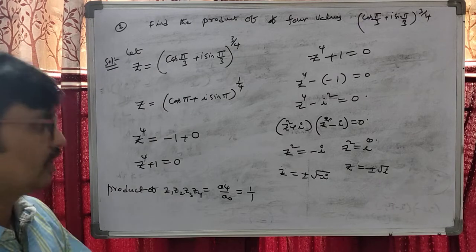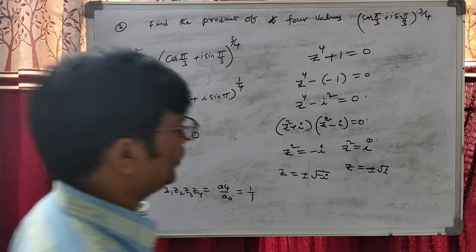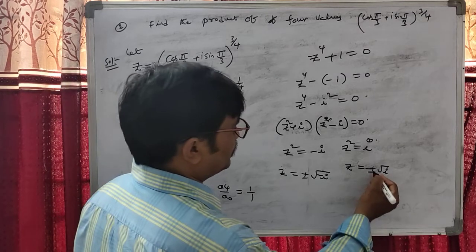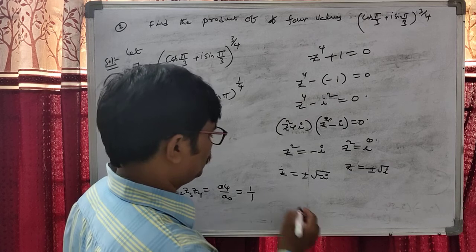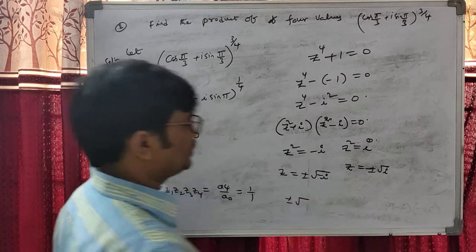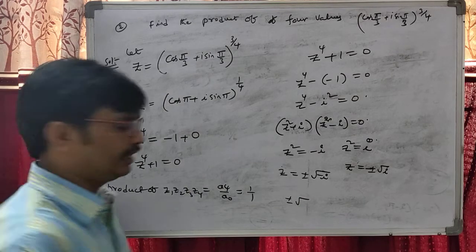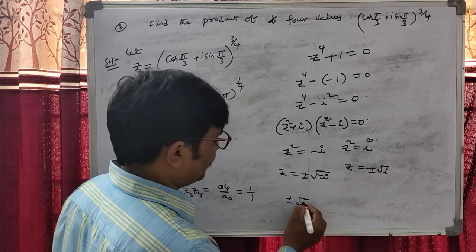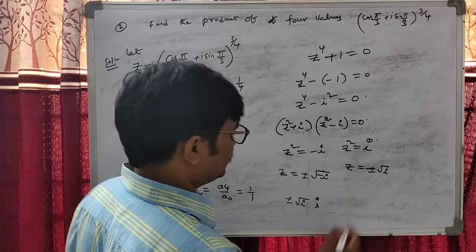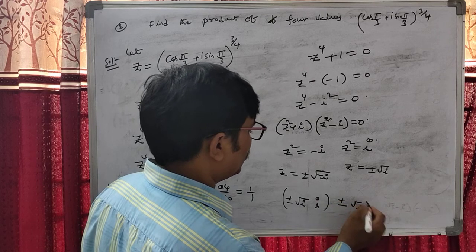Now students, the product of all these values must be 1. How? Here, the product of all values, plus into minus into minus, we can write as plus or minus root of minus i square. Minus i square, we know that i square is i root i. So the product of all values, plus or minus root of i.